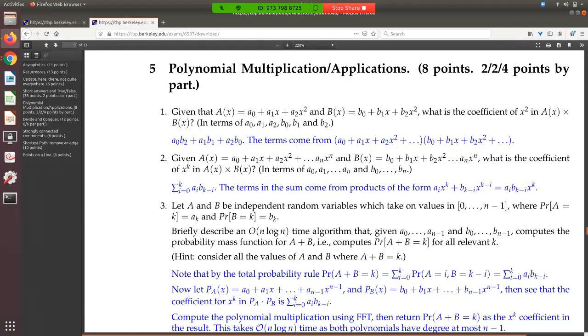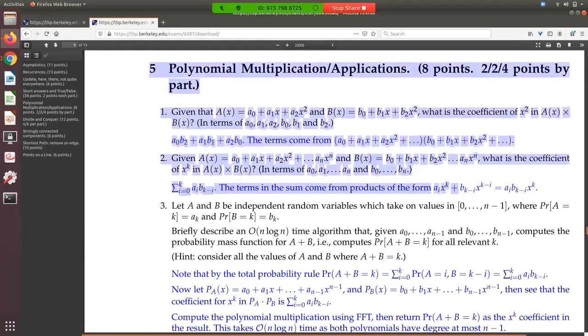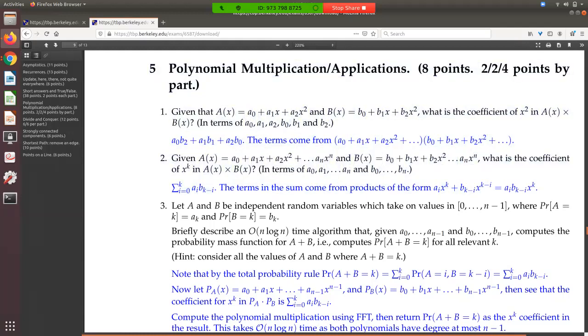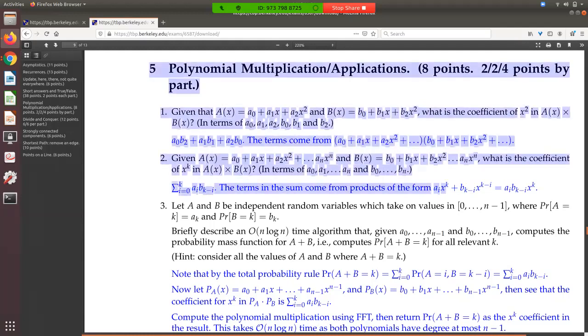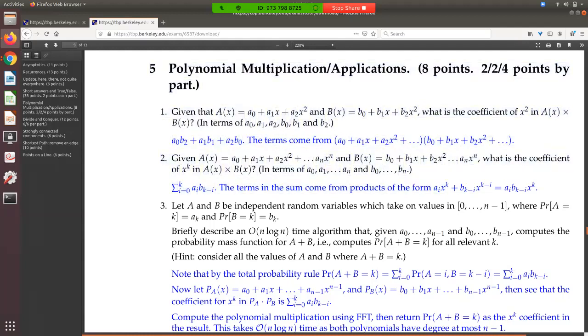This here should actually be times, not plus. But you can see a_i x to the i times b_{k-i} x to the k minus i is a_i b_{k-i} x to the k. This should also make sense to people.